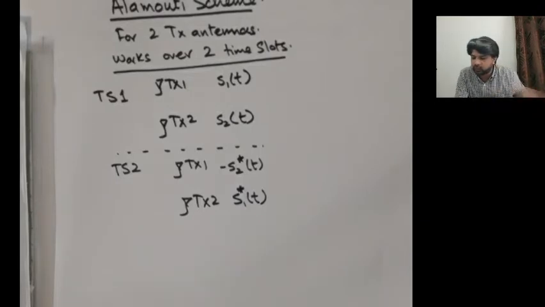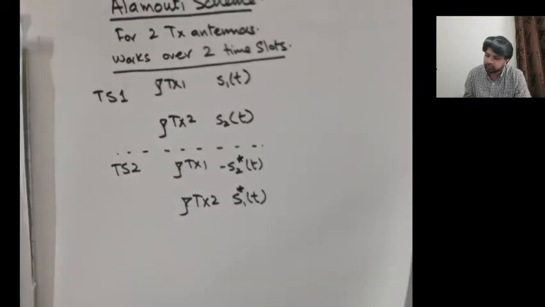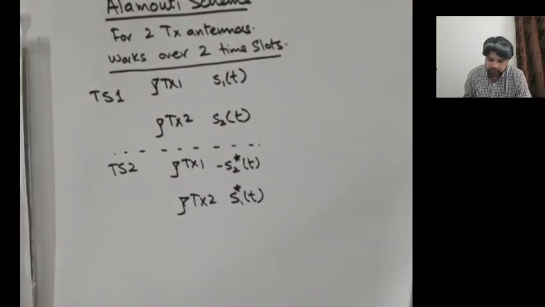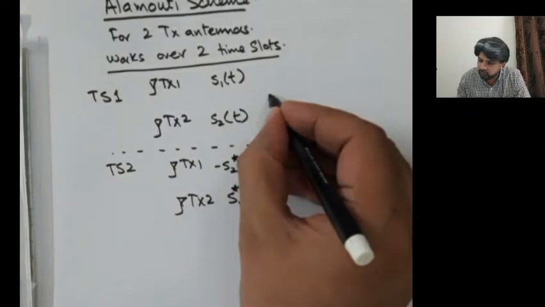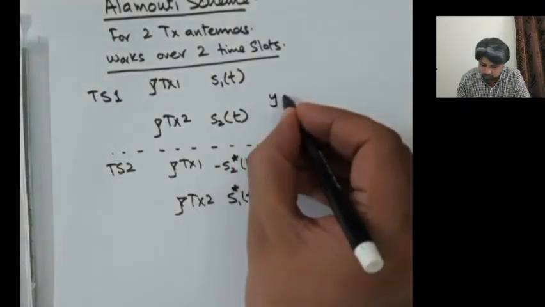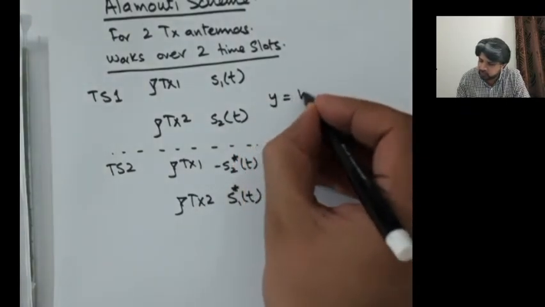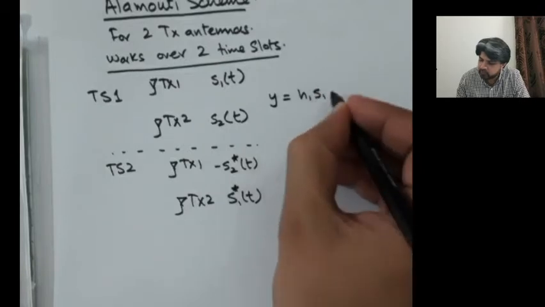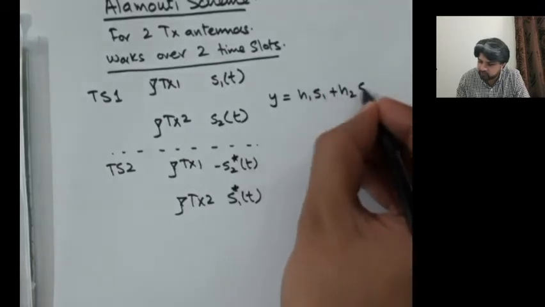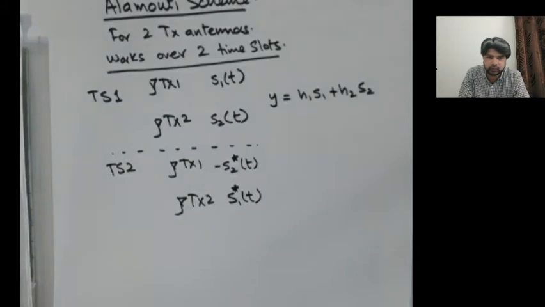So let's see how this works. In time slot 1, the signal you receive, y1, would be h1 times s1 plus h2 times s2. That is what you receive.